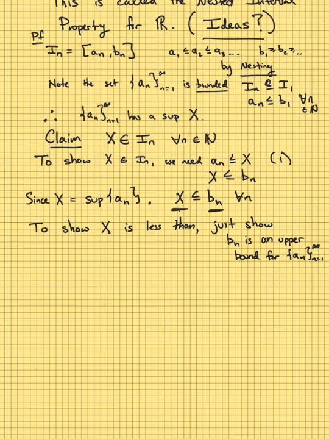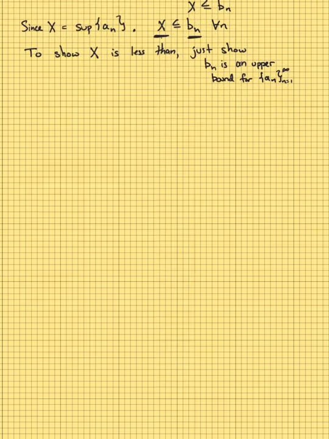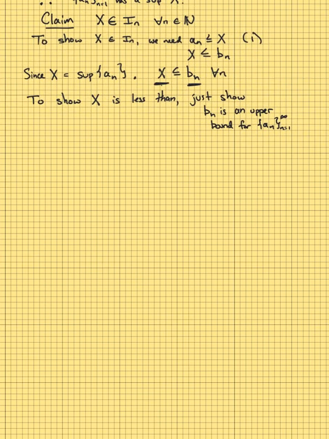Oops, let me try to move this. Okay, so we want to show that for any, maybe I'll switch it to k. So for any k, b sub k is an upper bound of the set of a sub n's.